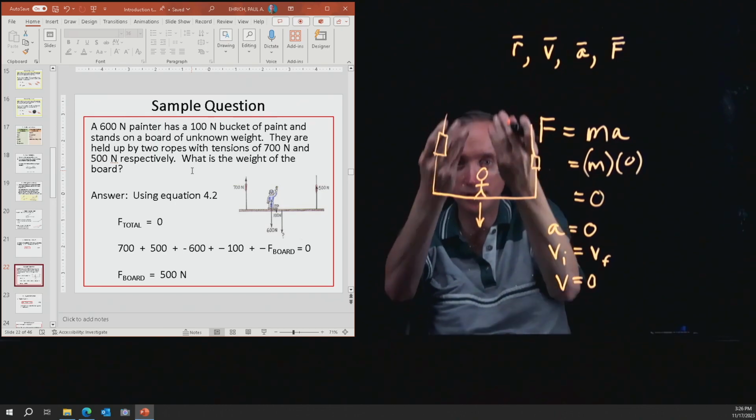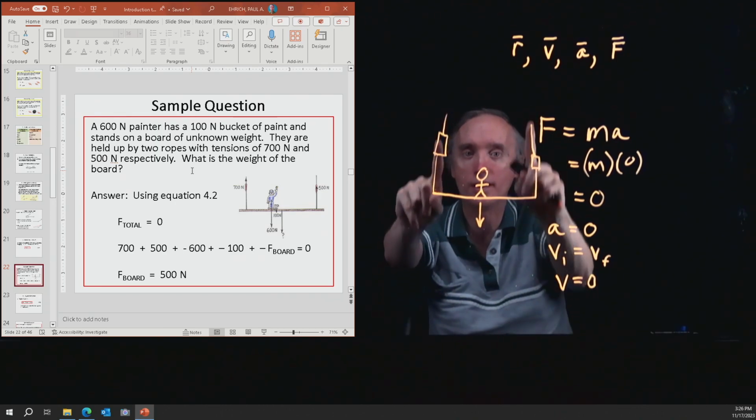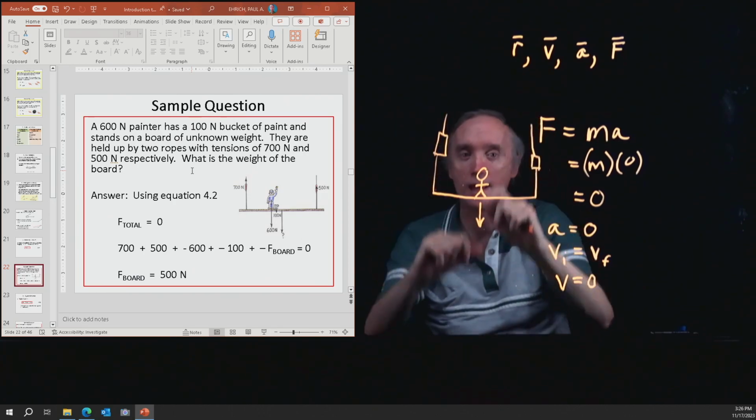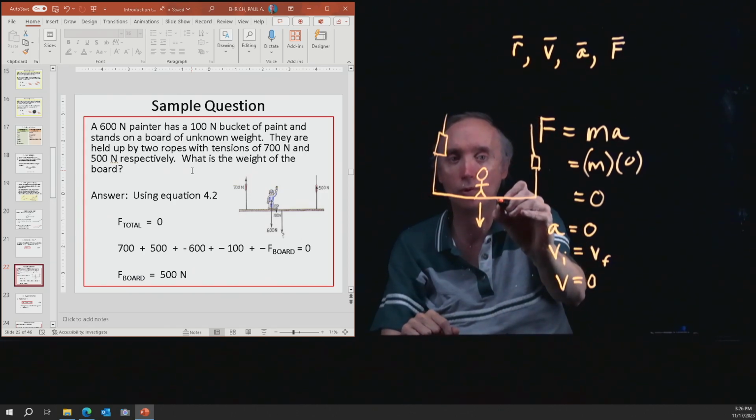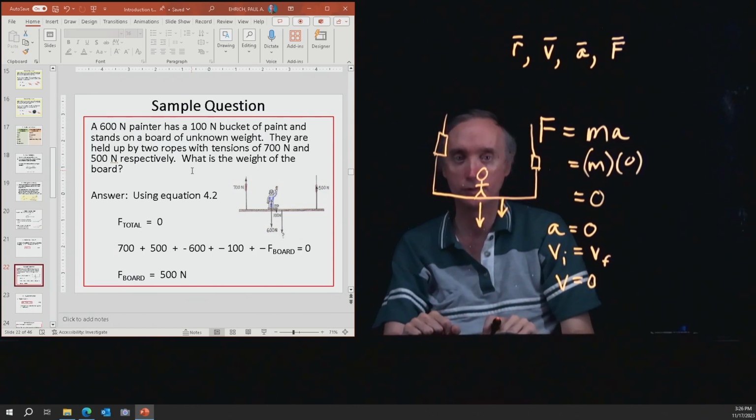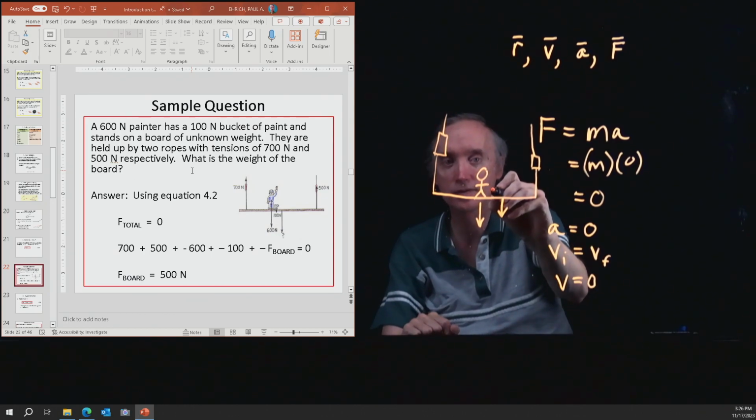But you also notice that he has a certain weight. So he's pulling down as these wires are pulling up. And then also notice that the board has a certain weight. It's pulling down. And then also notice that he has a paint bucket next to him, and that also is pulling down.